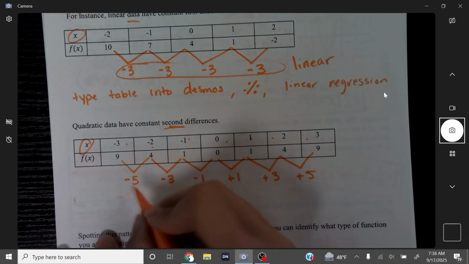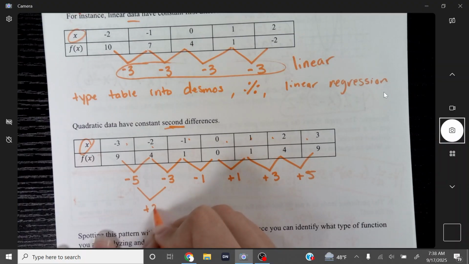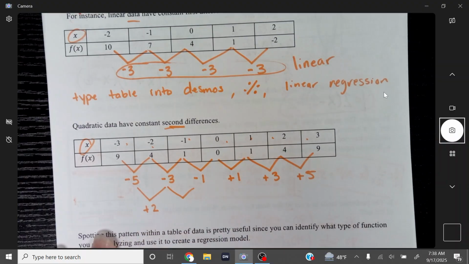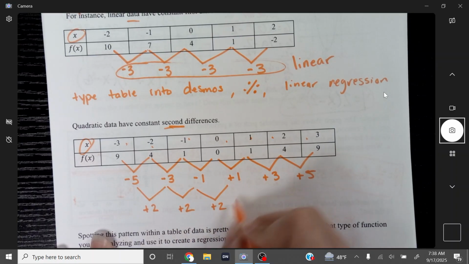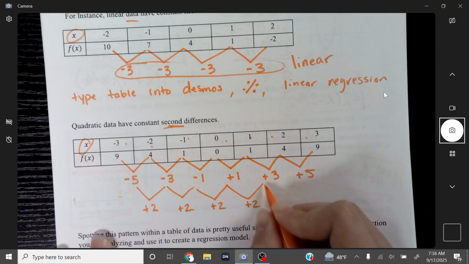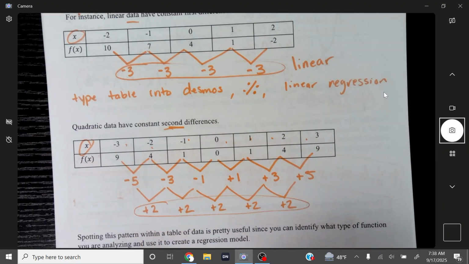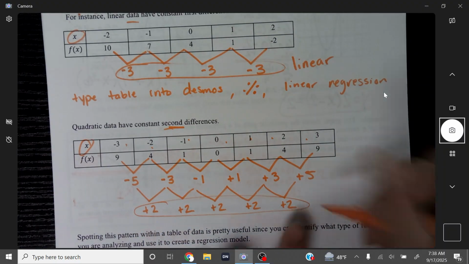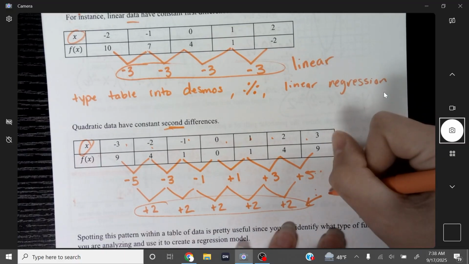Let's do this again. From negative 5 to negative 3, we add 2. From negative 3 to negative 1, we add 2. Right here, add 2. 1 to 3, add 2. 3 to 5, add 2. This is what we mean by constant second differences, because these numbers, which is the second time we found the difference, are all the same.